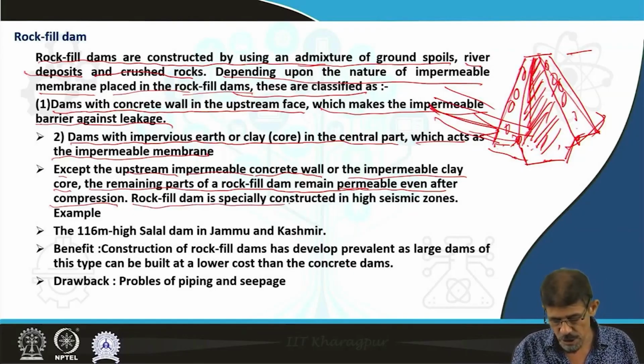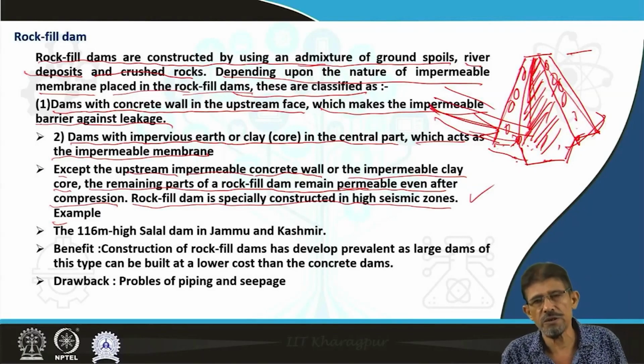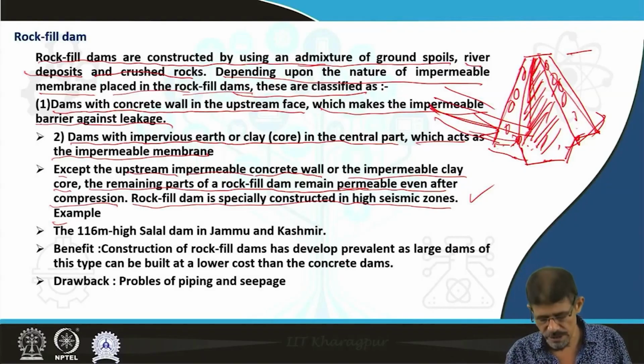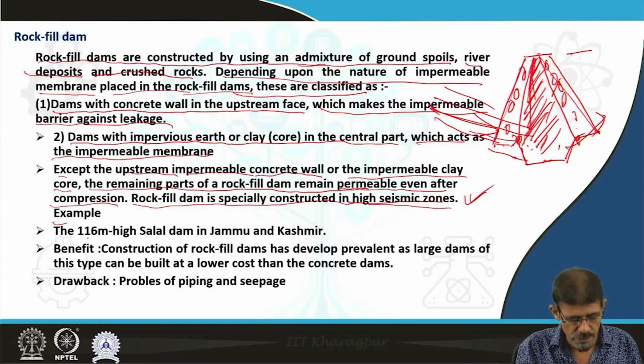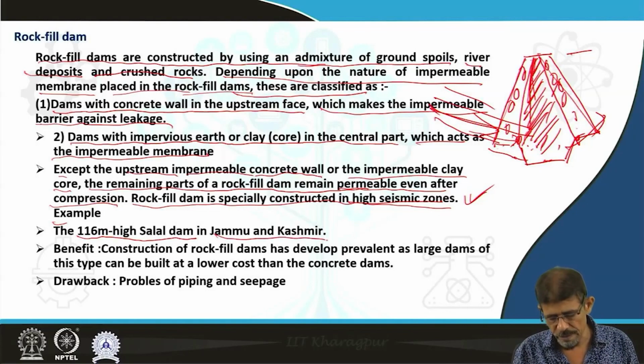Rock fill dam is specially constructed in high seismic zones because it shows resistance against high seismic activity, and this is the only dam which can survive in a high seismic zone or during an earthquake. We have a good example in the 116 meter high Salal Dam located in Jammu Kashmir.